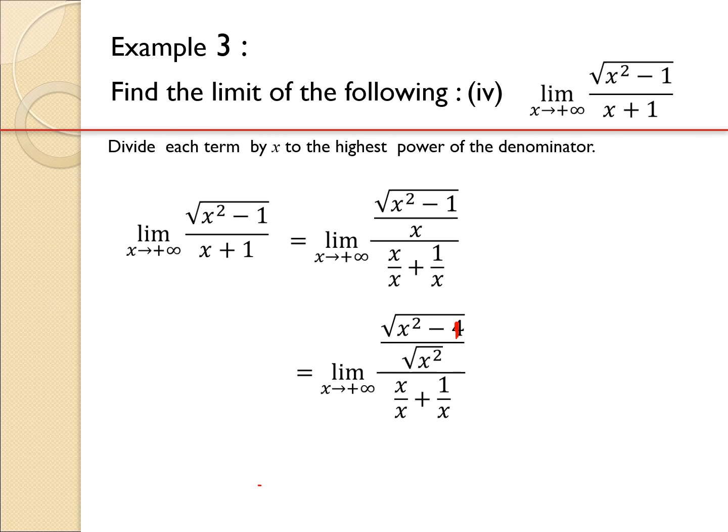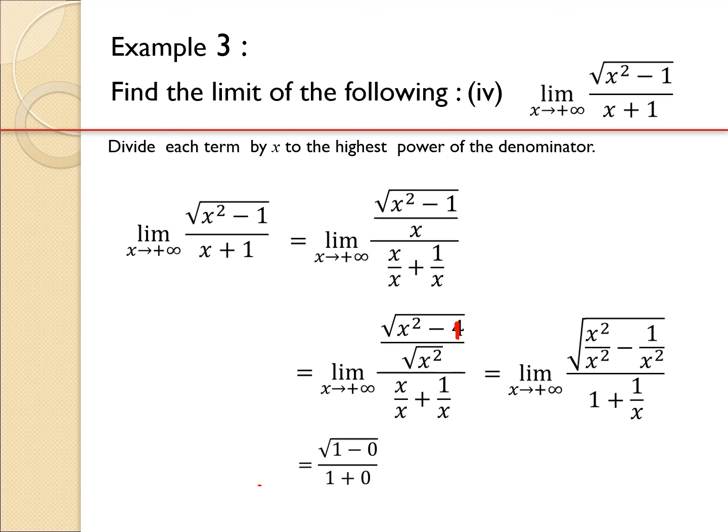Okay, this one here. Divide by x. So square root x squared minus 1 over x, x over x plus 1 over x. So you get the limit x approaches infinity. After you simplify, you get 1 minus 0 over 1 plus 0. So the answer equals 1.